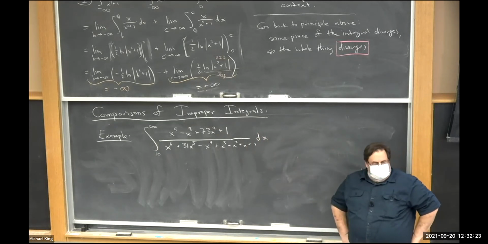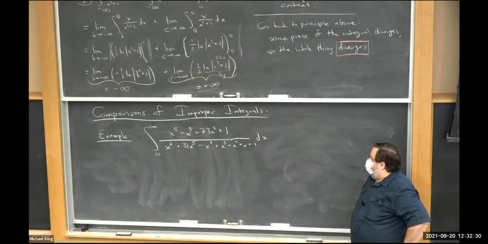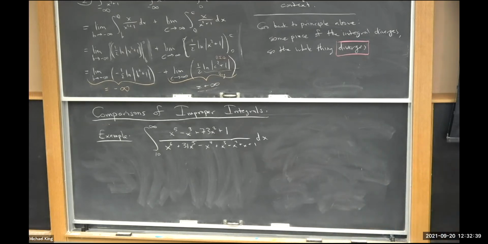If I ask you to integrate that and give me an answer, you should be very unhappy. If it converges and has an answer, it would be extremely hard to integrate this.